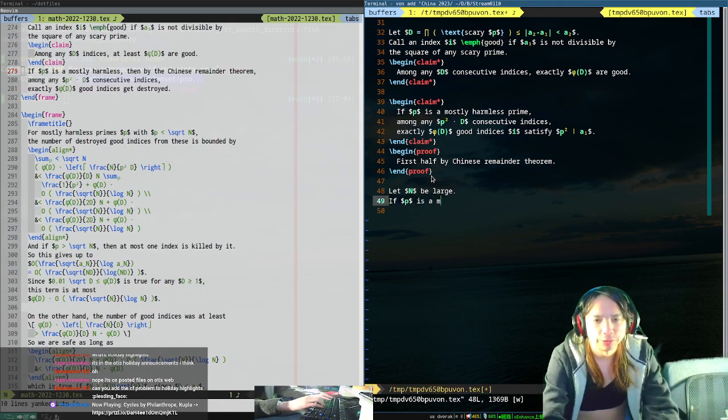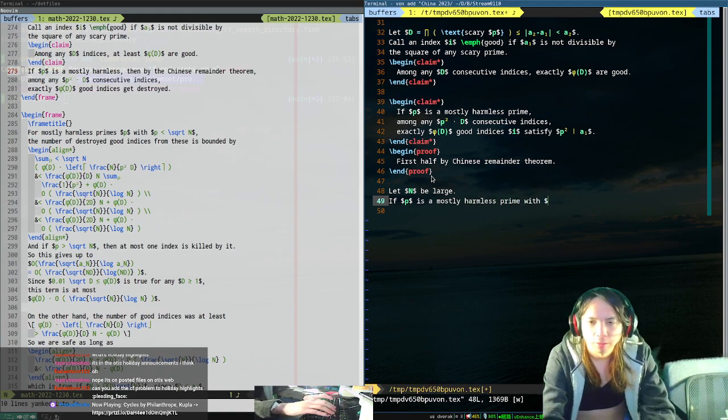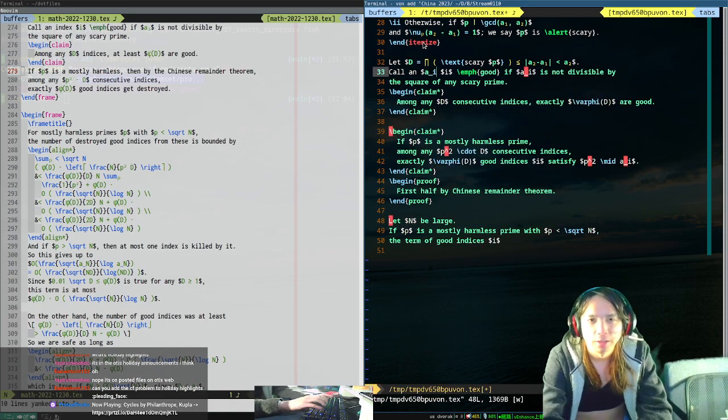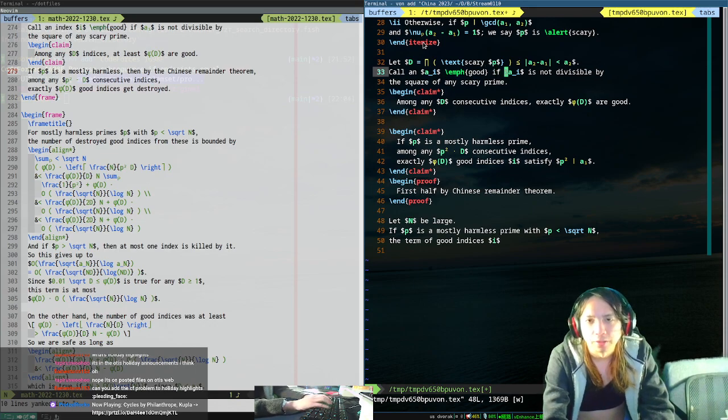If p is a mostly harmless prime with p less than root n, the number of good indices i. You know, I should just say term, right? Call an a_i good if it's not divisible by the square of any scary prime.